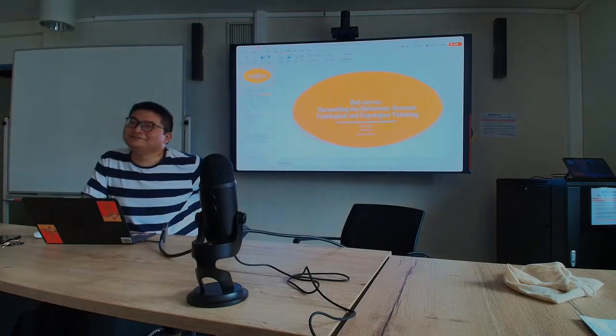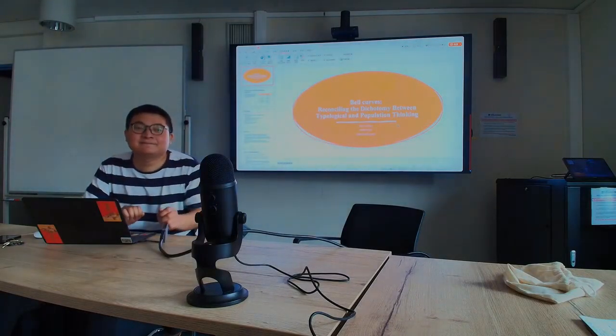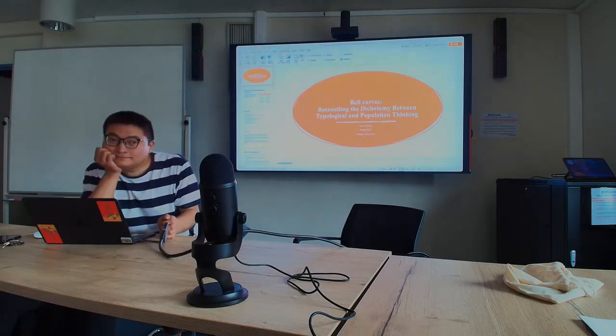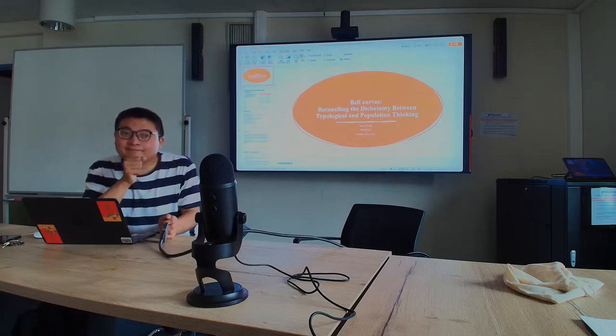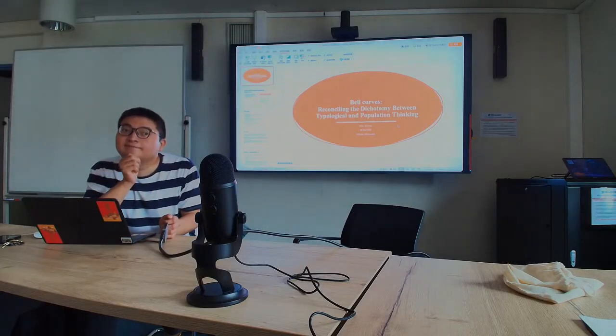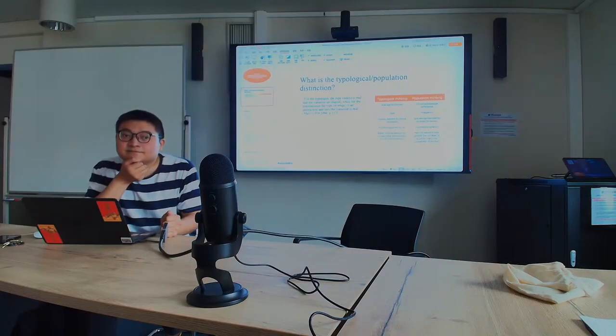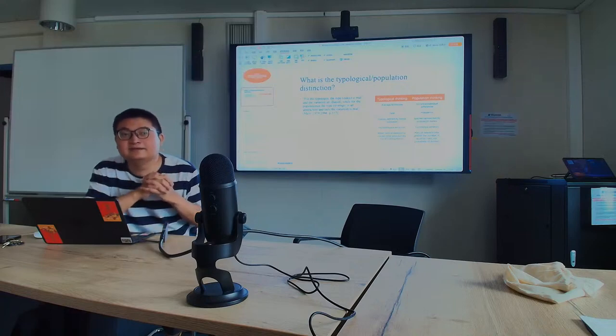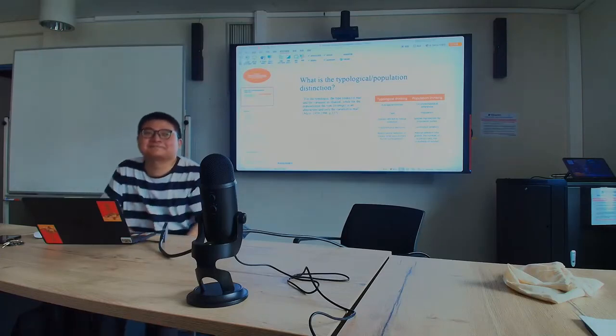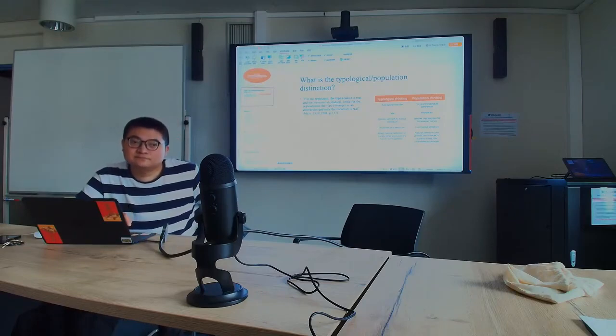So, any questions? I have a clarificatory question. Well, you know, this is not my field, so I'm trying to understand. What you're trying to do is to reconcile these two modes of thinking, typological and population. The typological way of thinking is good when you only have type specimens, like it happens in anthropology and dinosaur paleontology, and population thinking is used, let's say, when you're trying to do epidemiological research.